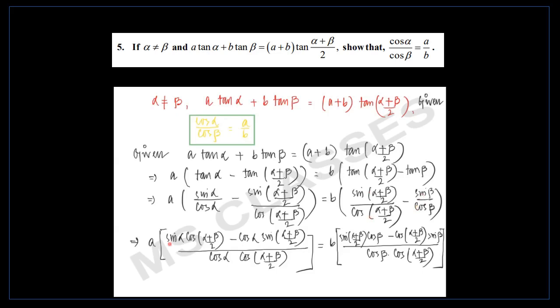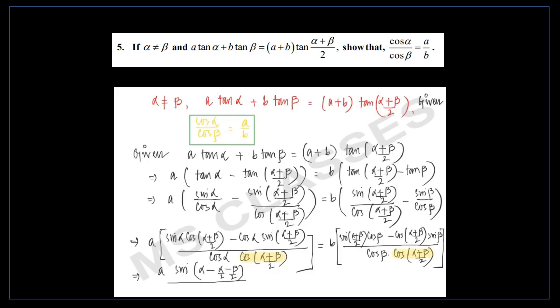Now sin A cos B minus cos A sin B is a formula which we have done: sin of (A minus B). So A into sin of (alpha minus (alpha plus beta) by 2) whole divided by... now we can see that this whole portion and this whole portion get cancelled.